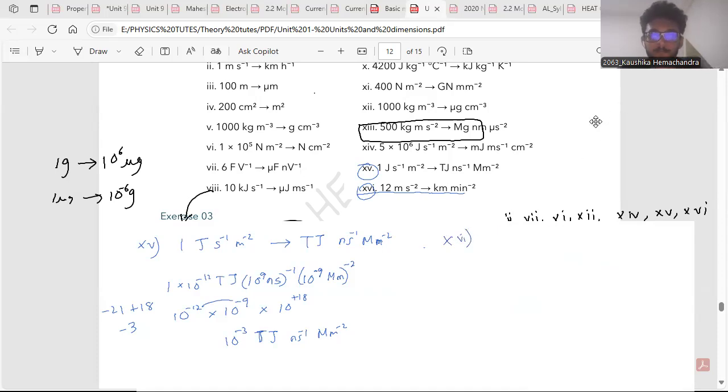16th one. 12 meters per square second going into kilometers per square minute. Here also there's a value coming, seconds to minutes. 12 meters to kilometers, 1 meter is 10 to the power minus 3 kilometer.